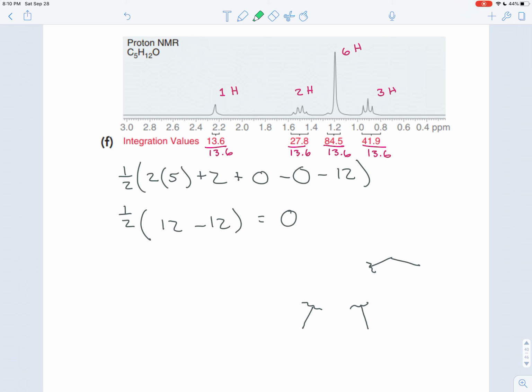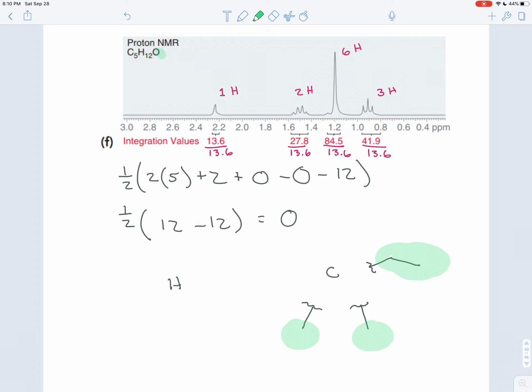Now, if that were true, what pieces would we have used so far? 2 carbons, 3 carbons, 4 carbons. So we'd only have 1 carbon left. Then we would have used 5 hydrogens plus 3, that's 11 hydrogens. We have 12, so we'd have 1 hydrogen left.